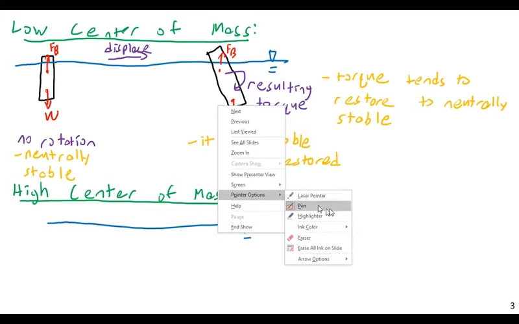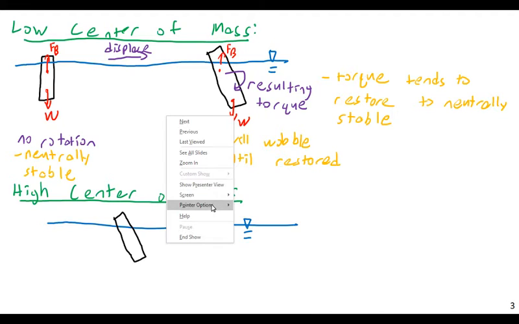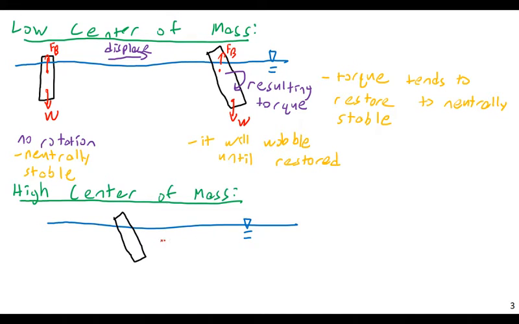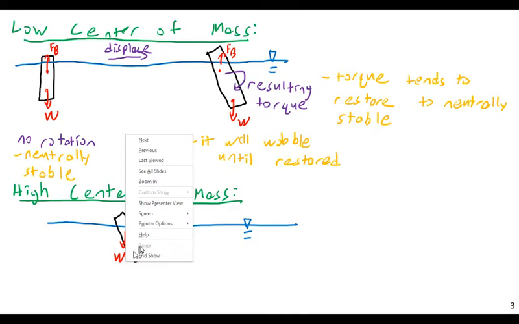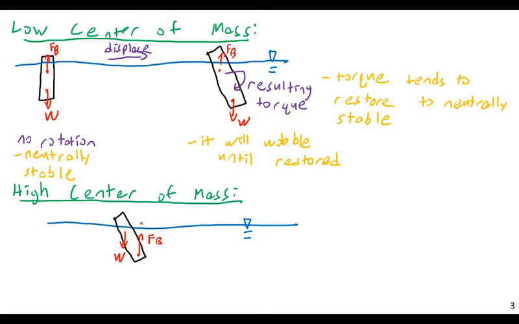When the object ends up displaced by a wave, or really any displacing force, it could be wind, wave, whatever, this time the buoyant force is going to be below the weight, so you end up with the buoyant force acting upward here, and the weight acting downward here. And look what happens. This resulting torque is now going, oh no, oh no.